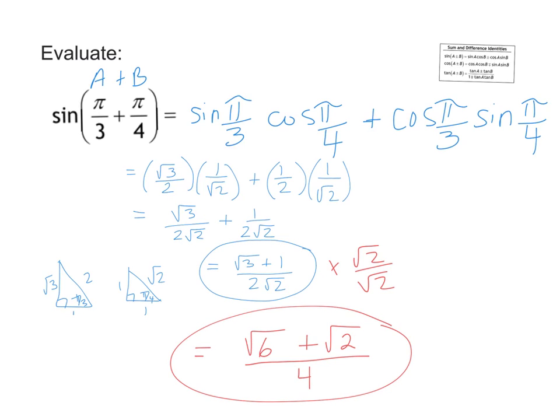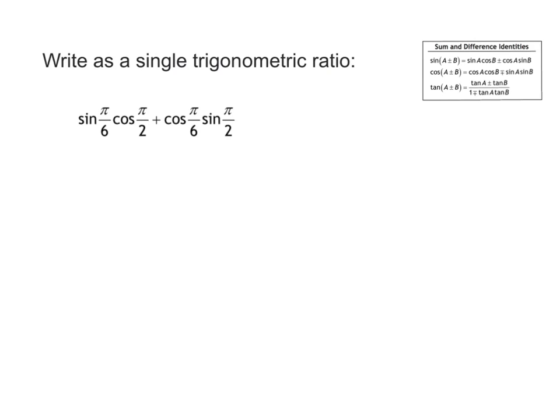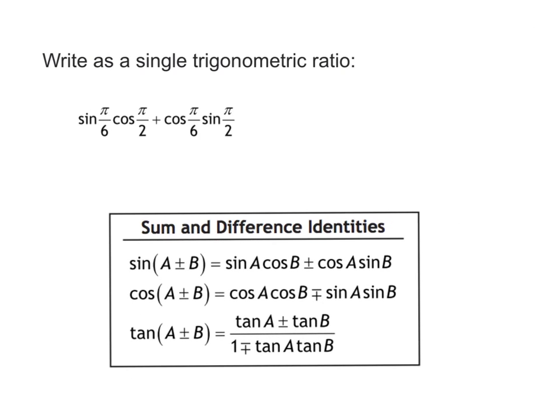All right, let's look at the next one. This is on the next page of your handout. Write as a single trig ratio. And it's again using these sum and difference identities. Basically, we just have to figure out which identity is this, and then we'll be able to do it. So this is sine A cos b plus cos A sine b. We're going to call the pi over 6 A, and the pi over 2 b.